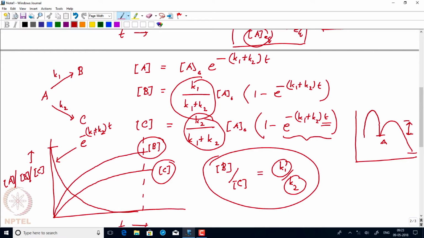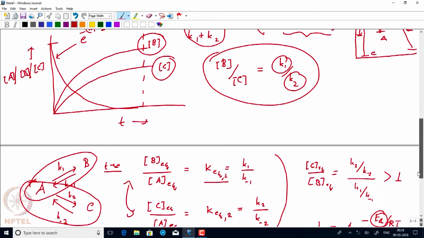As you can see, the activation energy for the reaction A to C is much higher, which means the rate will be much slower, because if you remember, the rate constant is proportional to e to the power minus Ea by RT. If I have a higher activation energy, the value of the rate constant will be less. So what it means is that the kinetics, or the activation barrier, is controlling the product ratio.